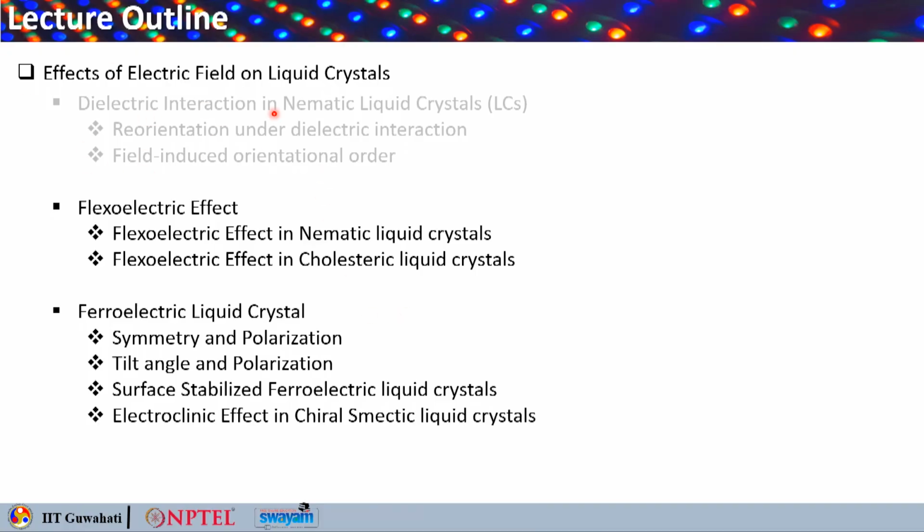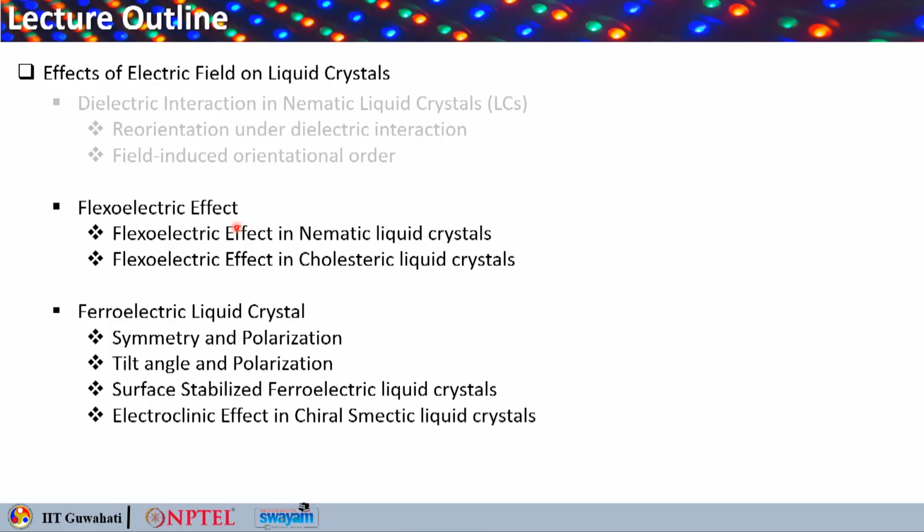We have already discussed some of these effects on liquid crystals, such as the dielectric interaction in nematic liquid crystal. We have discussed the reorientation under dielectric interaction and the field induced orientational order. In this lecture, we will be focusing mainly on the flexoelectric effect, and then we will see this effect in nematic liquid crystals and cholesteric liquid crystals.